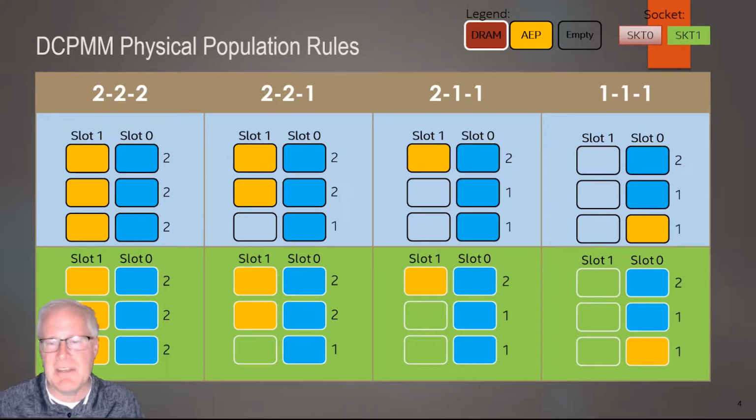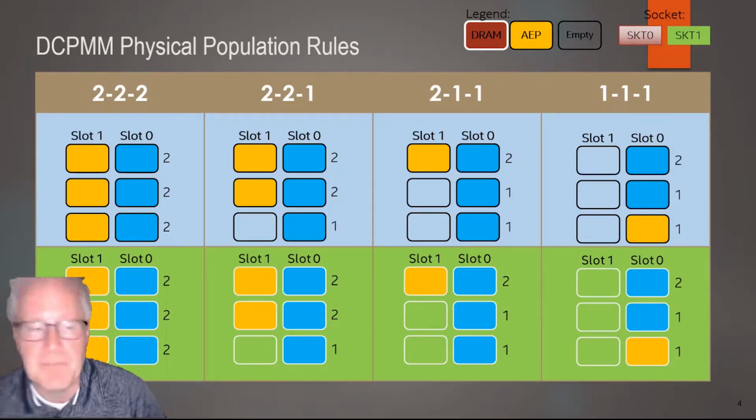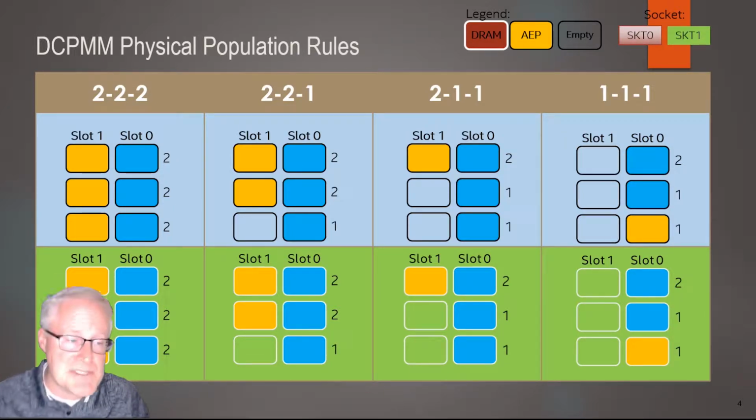In the configuration in my lab, I went with the lowest cost one, which was 16 gig DIMMs and 128 gig PIMs. So 16 gig DRAM modules and 128 gig persistent memory modules, which means I have effectively 1.5 terabytes of RAM. Pretty incredible system and really cool technology.